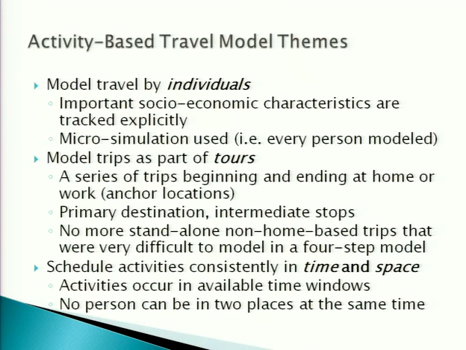So we're going to change the way the model's built a little bit. We're going to model individuals. In a trip-based model, we model households. We're just going to generate the amount of travel for different types of households. So we don't know anything about the persons in those households. We know a little bit. We'll say this is a high-income household or this is a 3-person household.